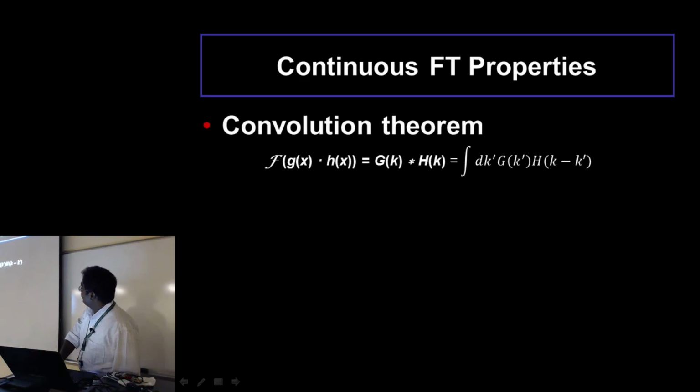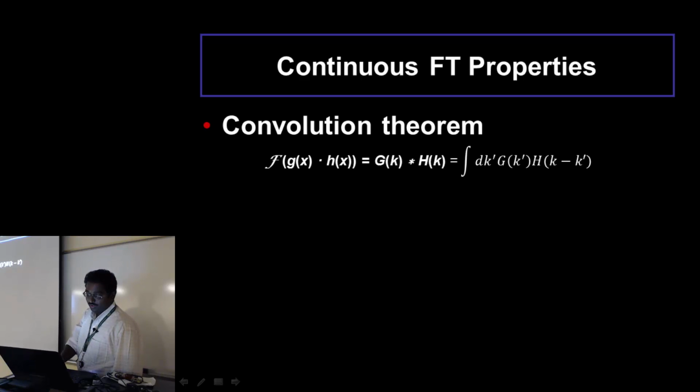Okay, so convolution is another important property that you would repeatedly come across. The property states that the product of functions in one domain is equivalent to convolution in the other domain.